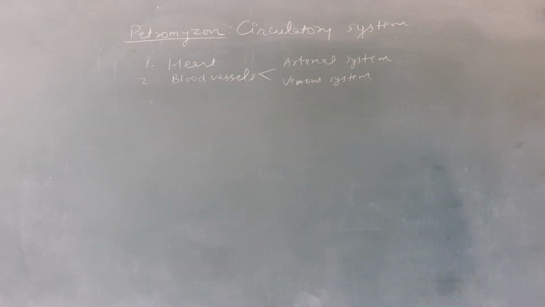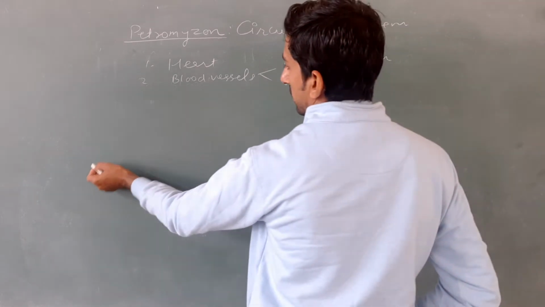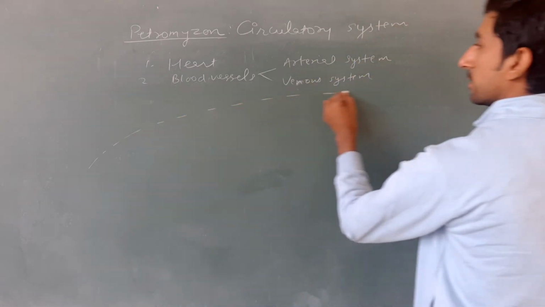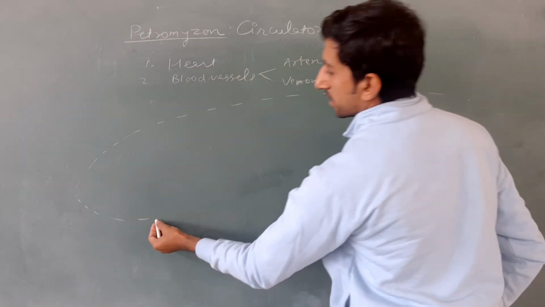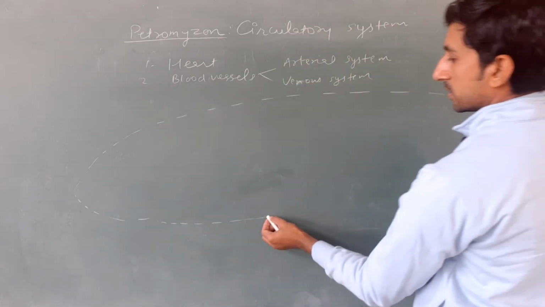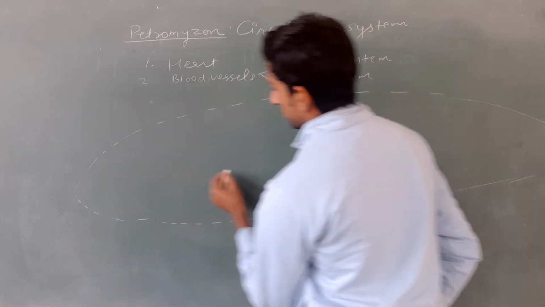Okay, in order to see the circulation and this network, we have to draw the outline of the animal. This is the animal. Cyclo means circular, stoma means mouth, circular mouth, Cyclostomata.